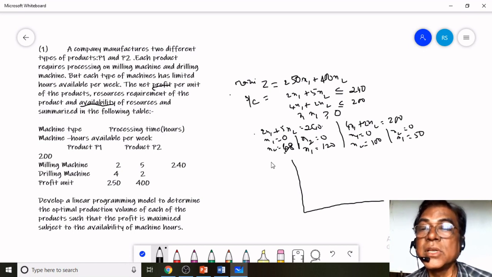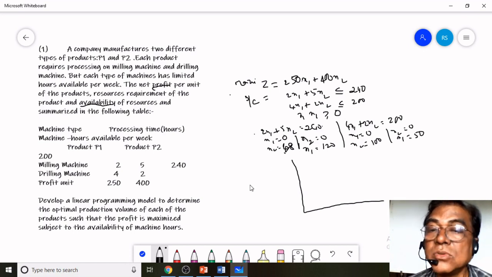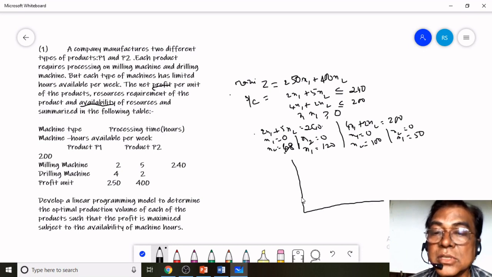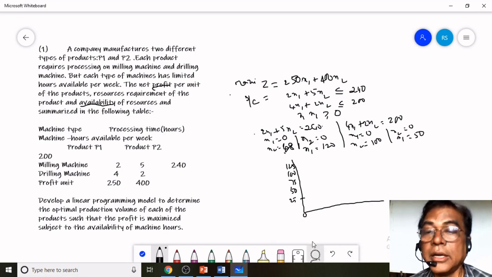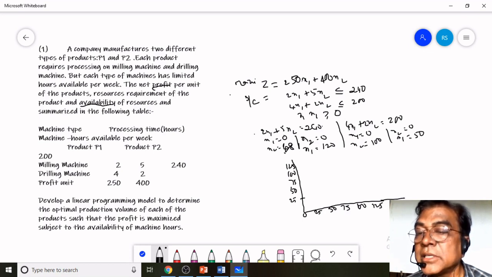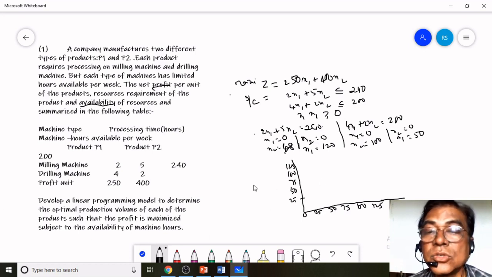The maximum value of x1 is 120 and the maximum value of x2 is 100. It is better to take 25, 50, 75, 100, 125 and so on, starting from 0, unit-wise, and 150 depending upon your values. So this is x1, and the y-axis is x2.